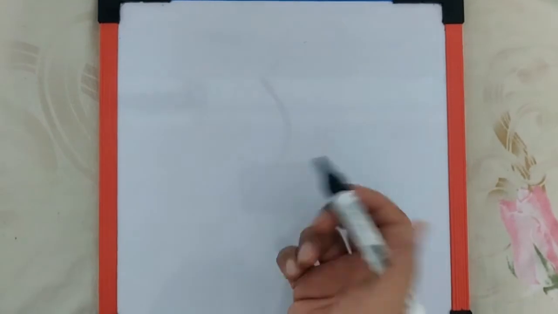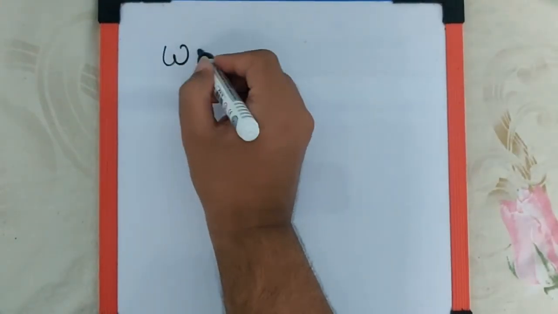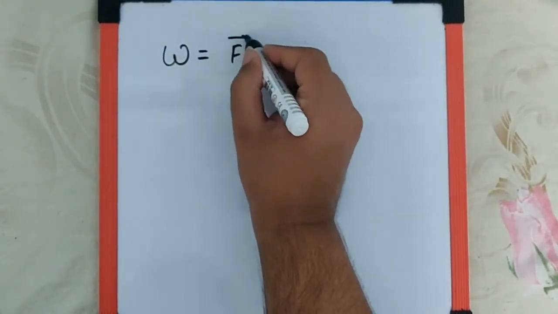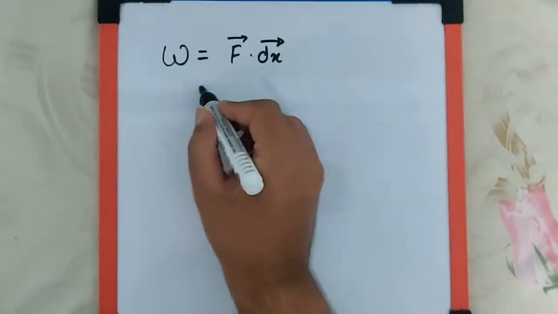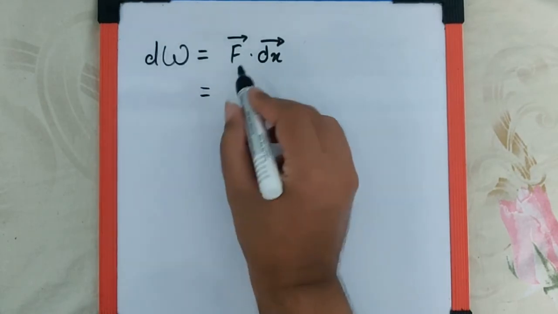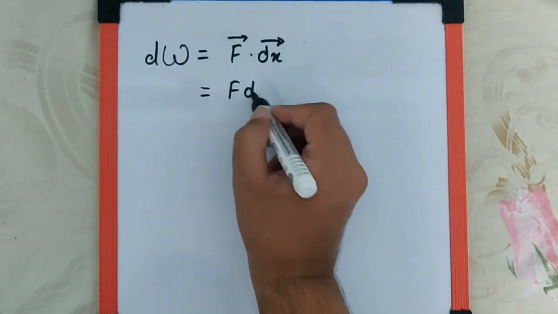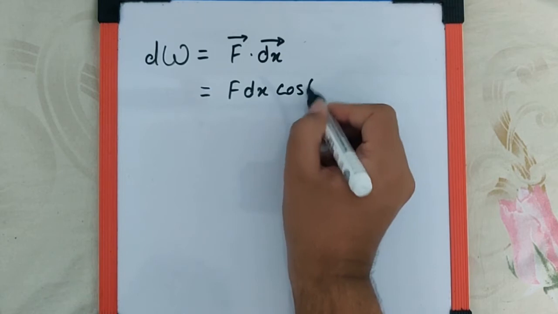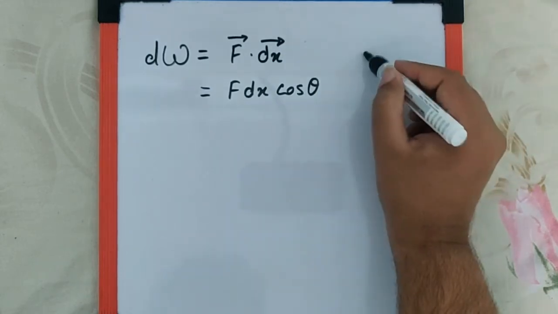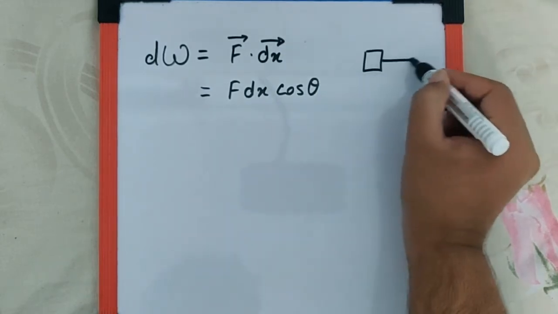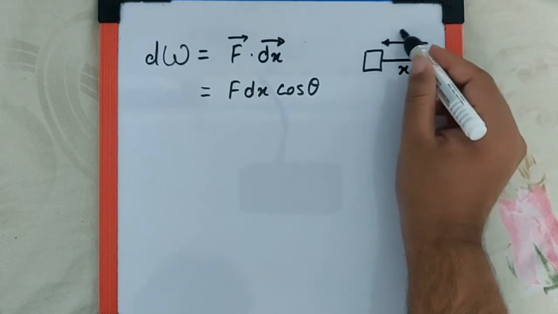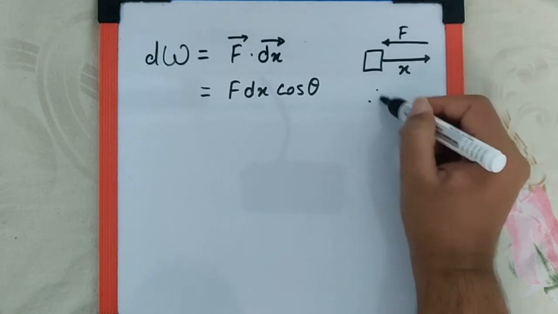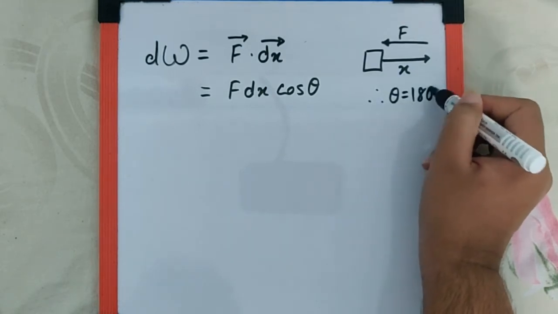Now for potential energy, we have to use work done is equal to force into displacement. Now if you remember, dot product for force and displacement gives F into displacement into cos theta, and for oscillation, as the particle displaces towards right, the force is towards left, which means theta is 180 degrees.